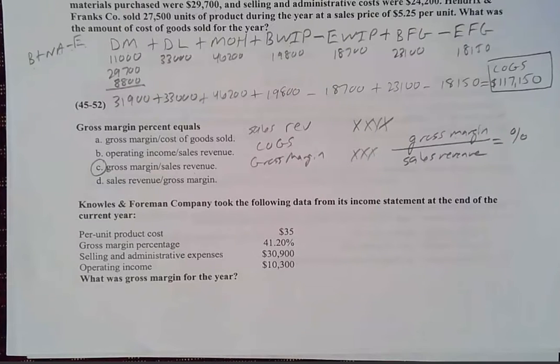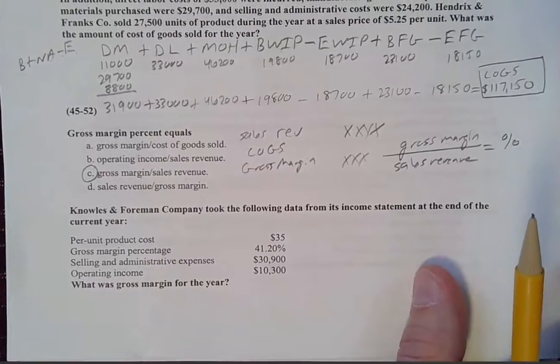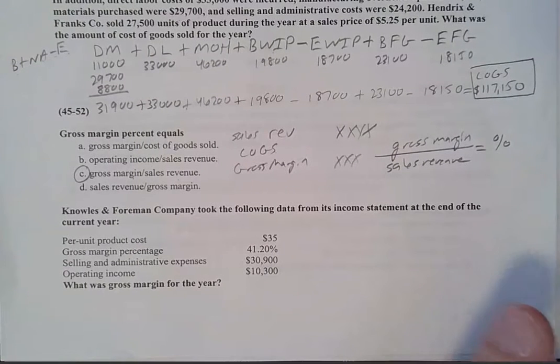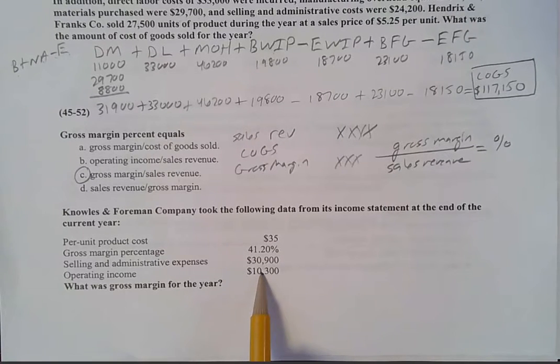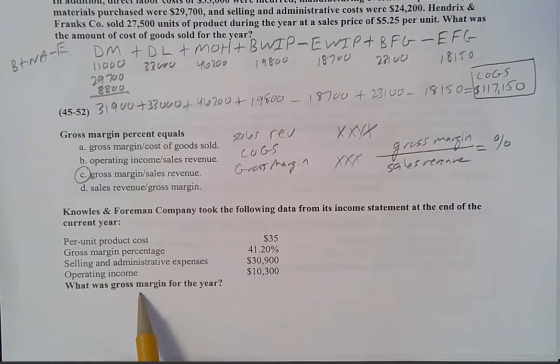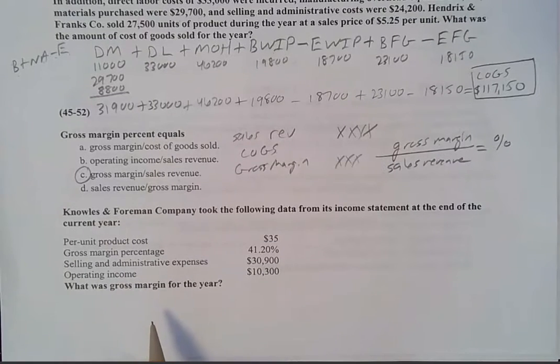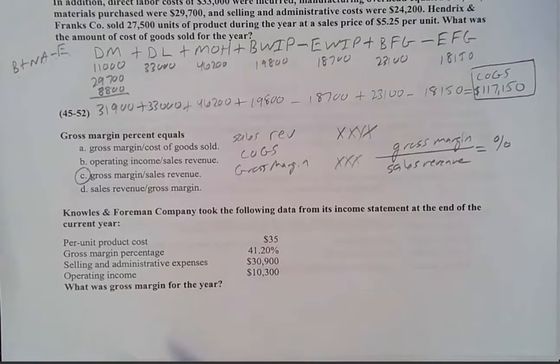Okay, so fair enough. In order to answer this question, we need to know how we get to operating income. Now, that's not what the question is, but the information that we have here, this per unit cost, is not going to help us.